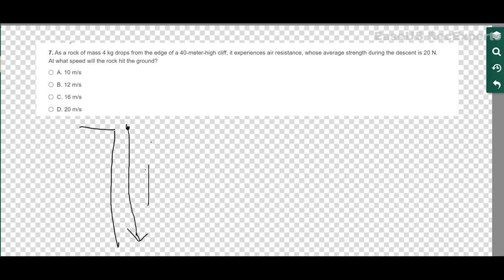That means that the force pushing upward is around 20 newtons, right? So we want to calculate the net force pushing down on the rock. So we can use 40 minus 20, which should give us our net force downwards. So that would be equal to 20 newtons downward over the distance of 40 meters.